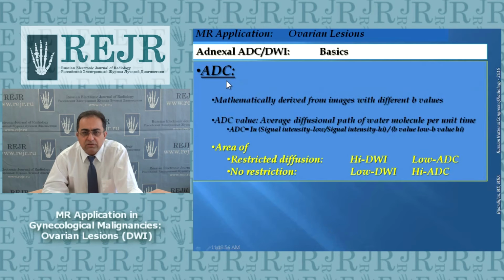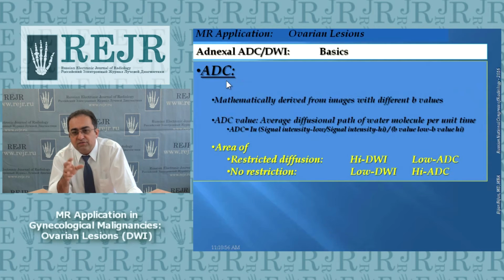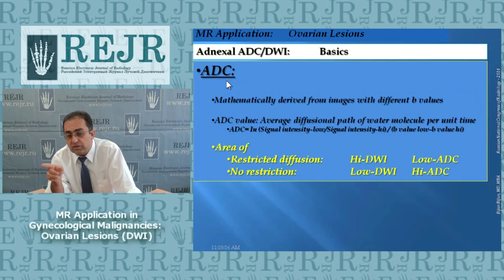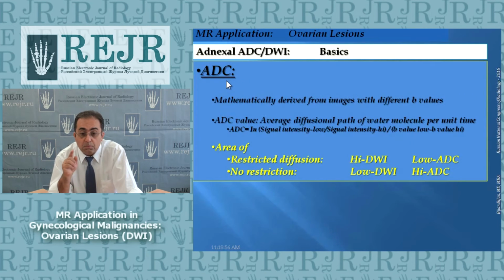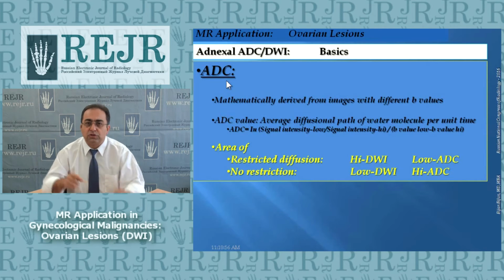ADC is not an imaging modality, really. ADC is a mathematical derivation from different B-value images. When you do DWI, diffusion-weighted imaging, that is a true image. But ADC is not a true image. ADC is mathematically derived information; the image that we produce is not acquired. We produce it by mathematical calculation using 2 different B-values.